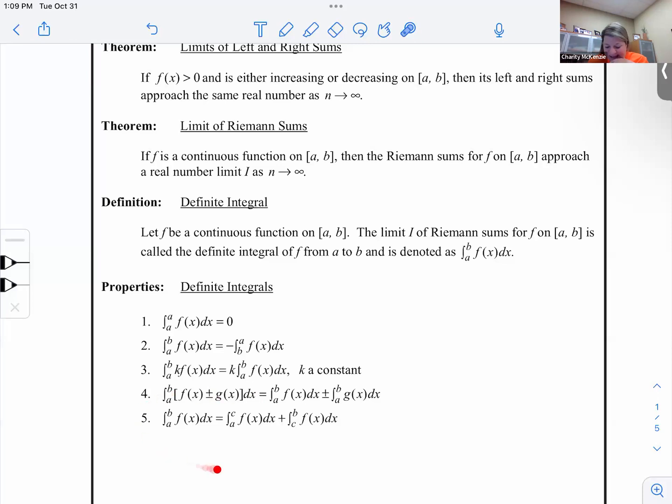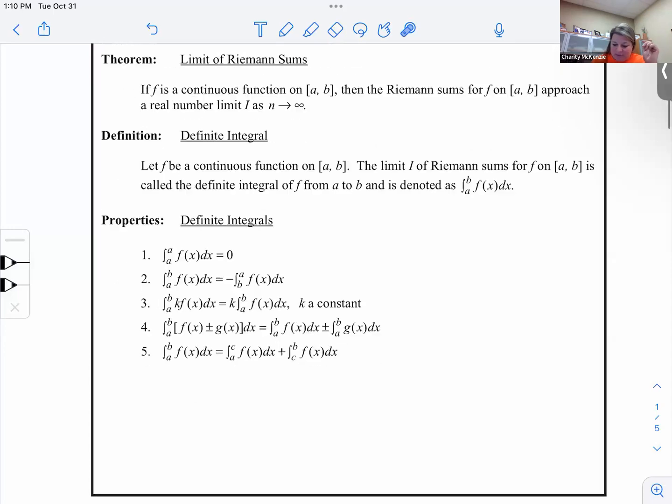And this last one is like, well, if you broke it up and you go from A to C, and then C to B, that's the same as going from A to B. If you start and end at the same ones, your area should be the same. Okay. So if you break it up, that should be the same.